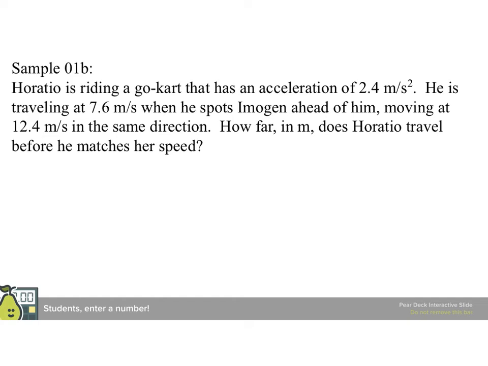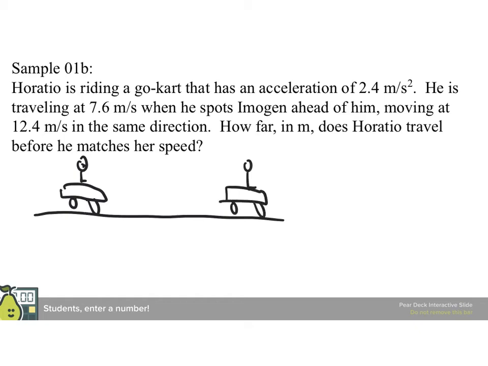We've read the problem. Let's draw a picture. Well, it's going to be the same picture, but I'm going to redraw it anyway. So moving along, here is Horatio and his go-kart. And then sometime later, here he is again.